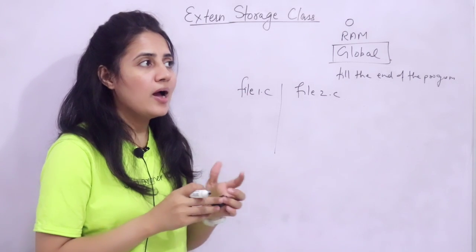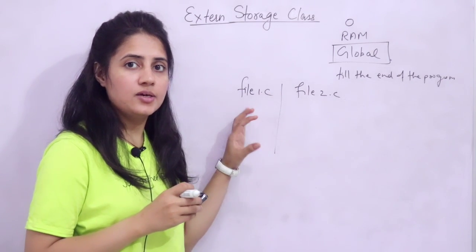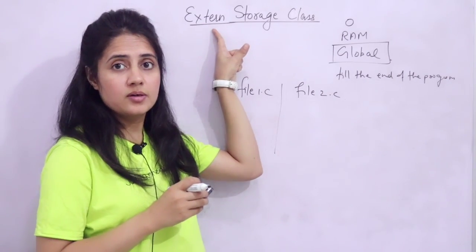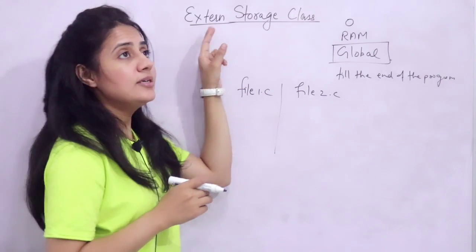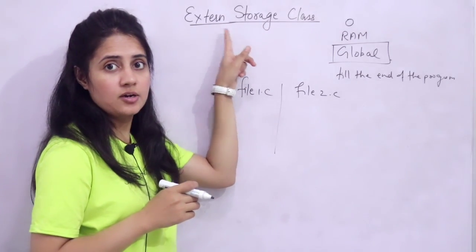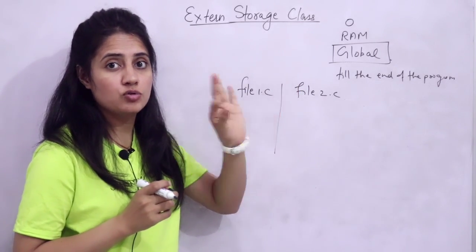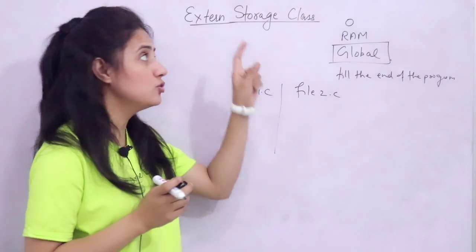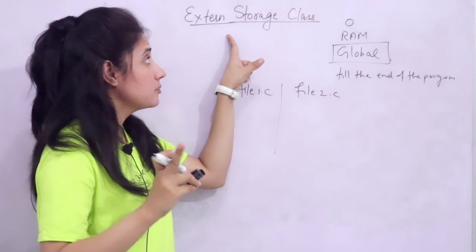Suppose you have defined any variable or any function. First of all, let me clear one thing. All the global variables come under this extern storage class, not local variables, only global variables outside of any function or outside of any block.